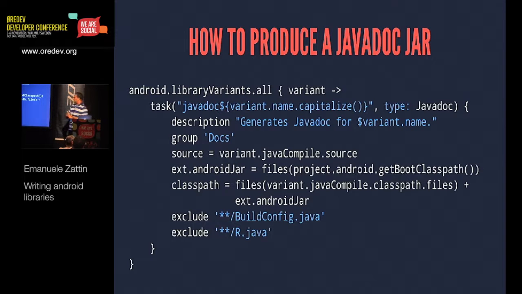The only bit weird thing is that ext Android jar part, where you get the class path of the Android project, so you can reference whatever you use from the Android library, and they will not appear as broken links. So you add that in the end in the class path. And of course, you want to exclude your build config and R.java, because nobody's interested in those anyway.